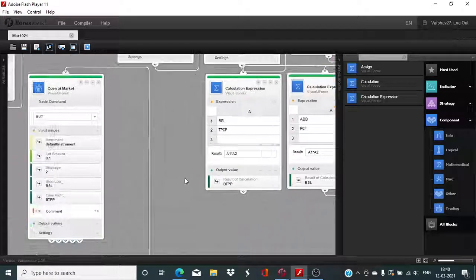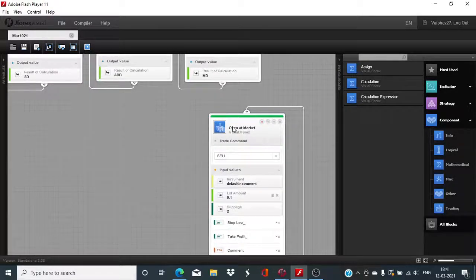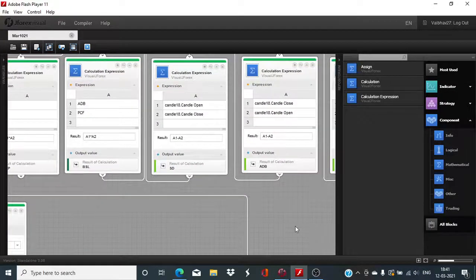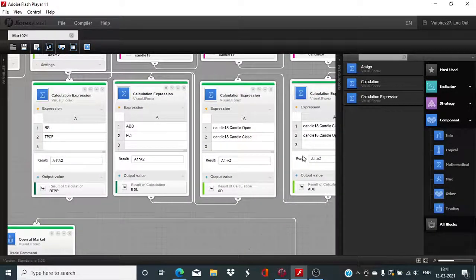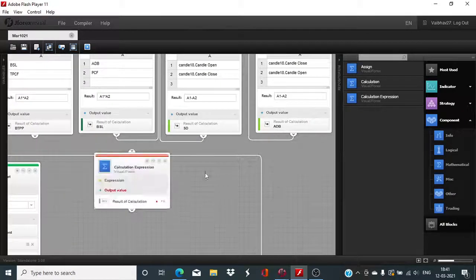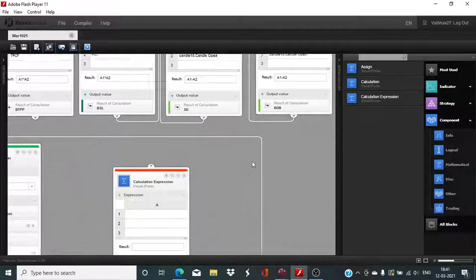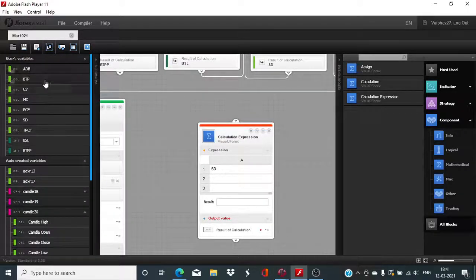For the sell side, we will have to carry out a similar exercise where we will be looking at the actual difference when the sell side conditions are in place. So for that, we will take this result of the calculation, multiply it by pip conversion factor, which is 10 raised to the power 4, A1 into A2.